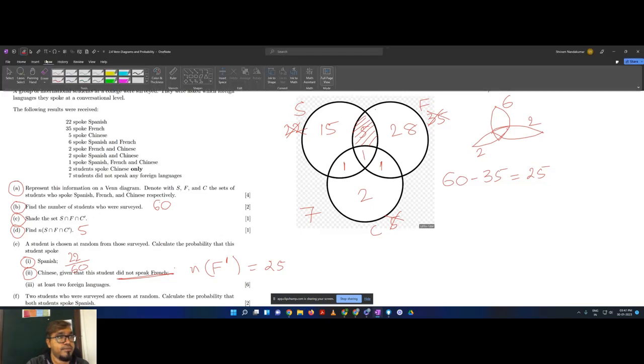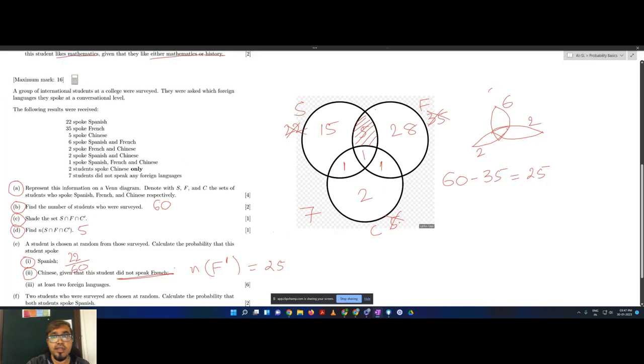So how do you answer that? You're looking at who spoke Chinese. Who spoke only Chinese? Only Chinese is 2. And we also have to include how many spoke Spanish and Chinese, but not French. We're not including people who speak French.